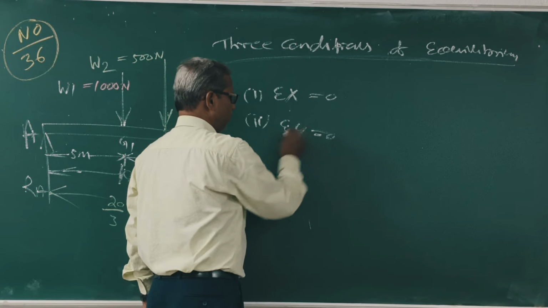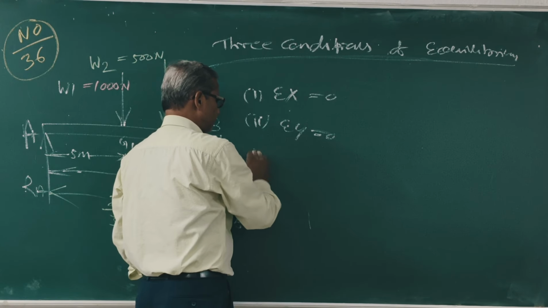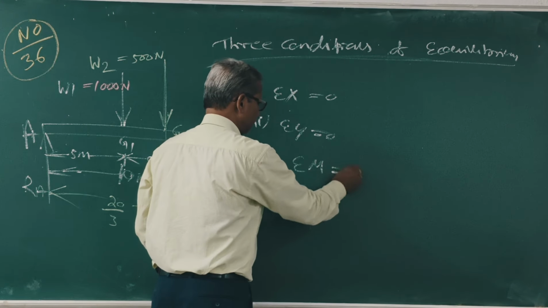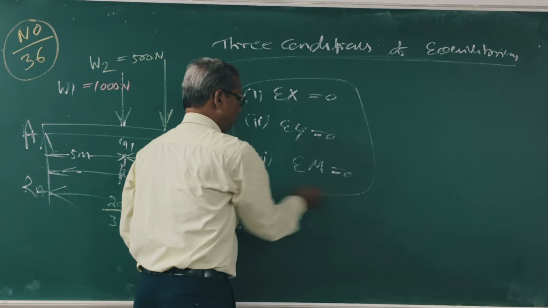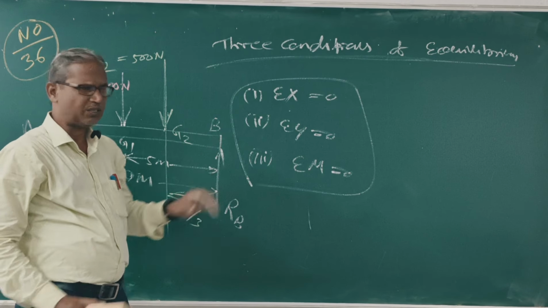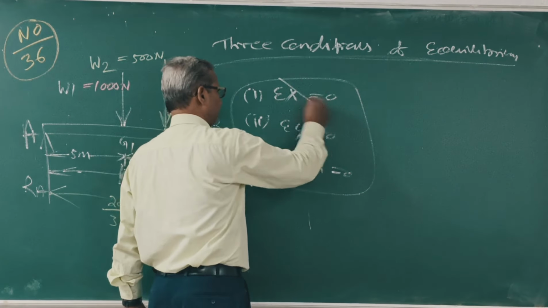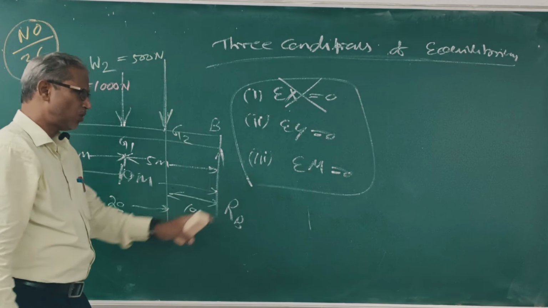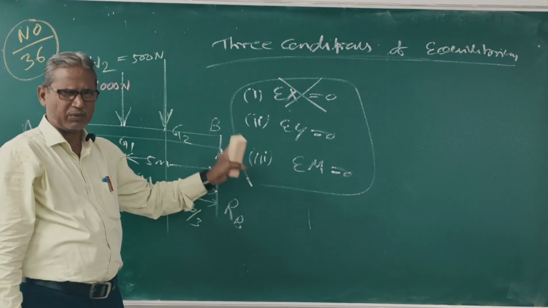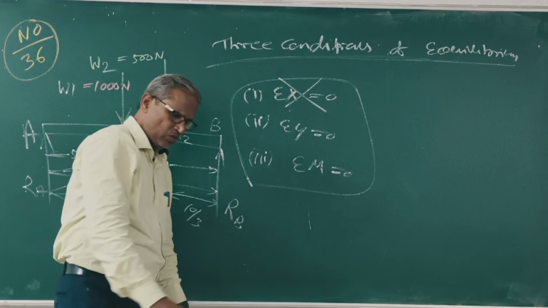Number three, summation of m is 0. But in this problem, there are no x components, so this equation is not applicable here. Clear? Only two equations can be applicable: sigma y 0, sigma m 0. First, we will do sigma y 0.